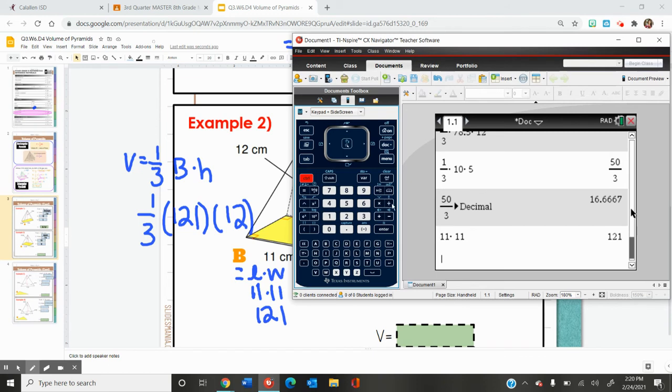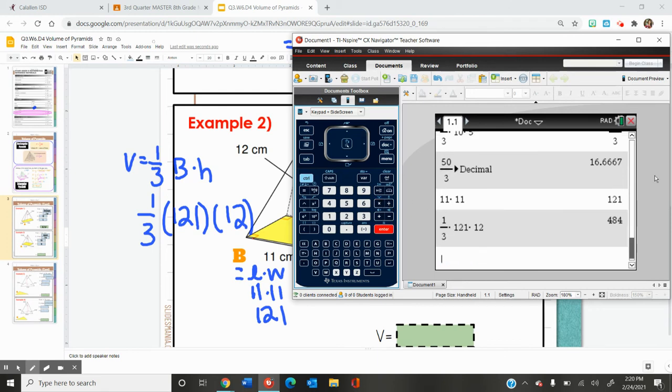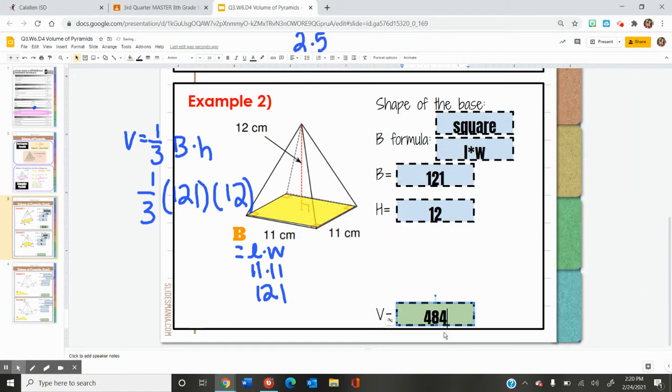I'm going to put control divide, 1 on top, 3 on the bottom. I'm going to step out of the fraction. I'm multiplying 121 times 12. Now here I get 484. So the volume of this pyramid is 484 centimeters cubed. To get the cube symbol, we're going to put Alt 0179, and it'll give me the superscript 3.